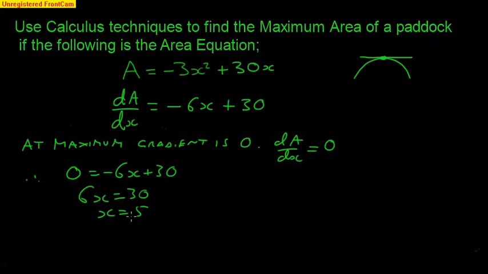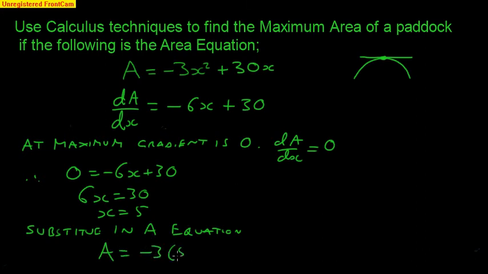Now the x being 5, I have to put that into my area equation to work out what the maximum area actually is. So then I have to substitute this in the area equation, and I get that A equals minus 3 times 5 squared plus 30 times 5.